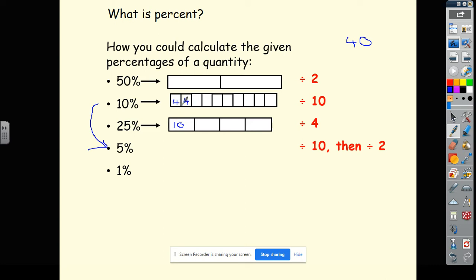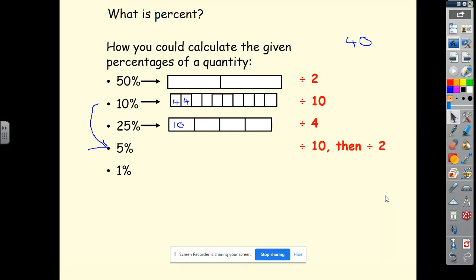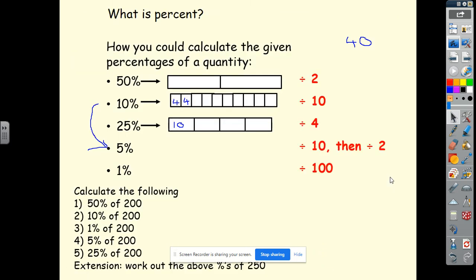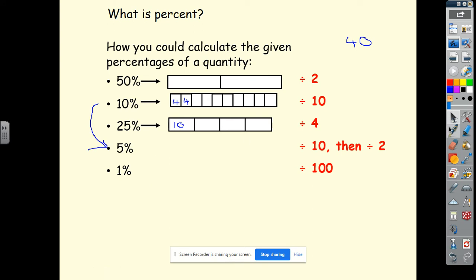So if we knew that that was 4, we know then that 5% would be 2. But because we're dividing by 10 and then dividing by 2, we could also say that we could divide that by 20.